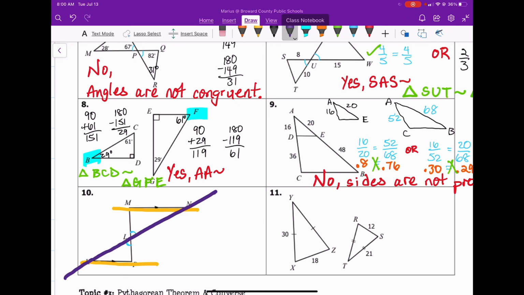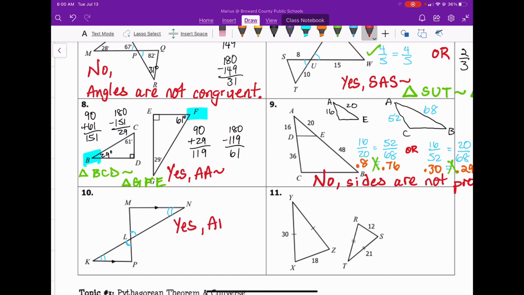Now with that transversal, we've created a set of alternate interior angles, okay? So those alternate interior angles are congruent. So with that being said, I can erase those, and now we've adjusted our diagram. We can automatically see that these are similar, okay?